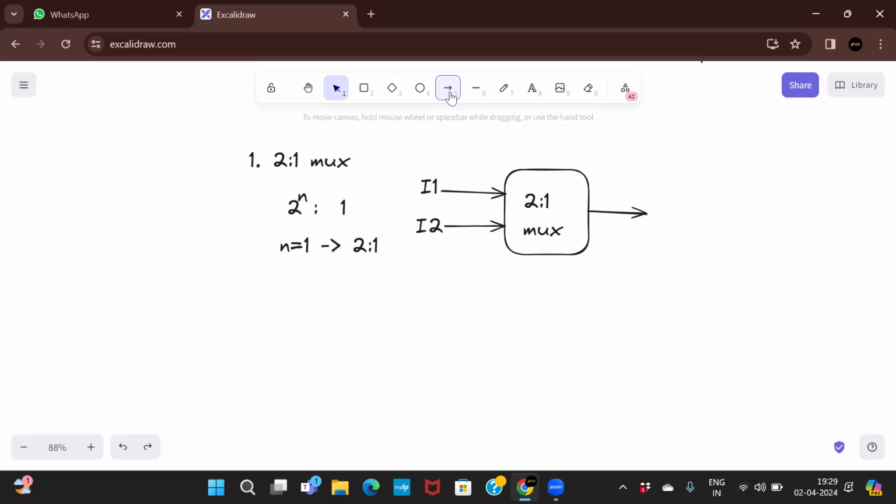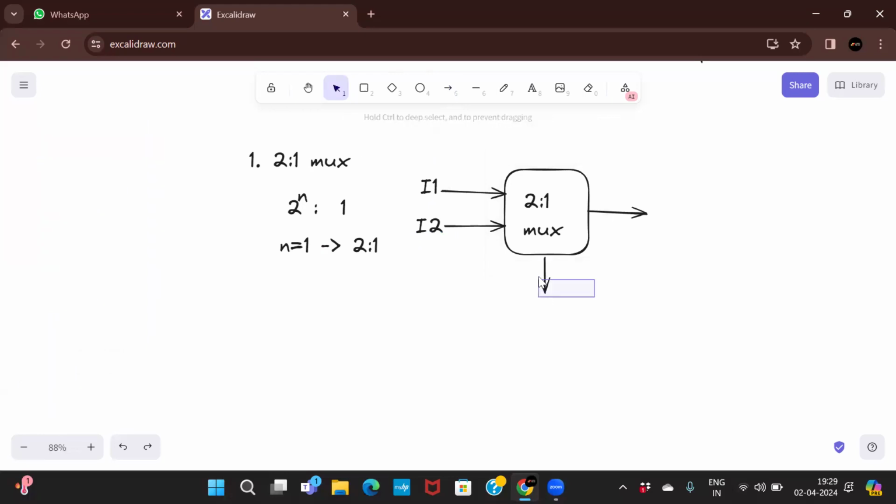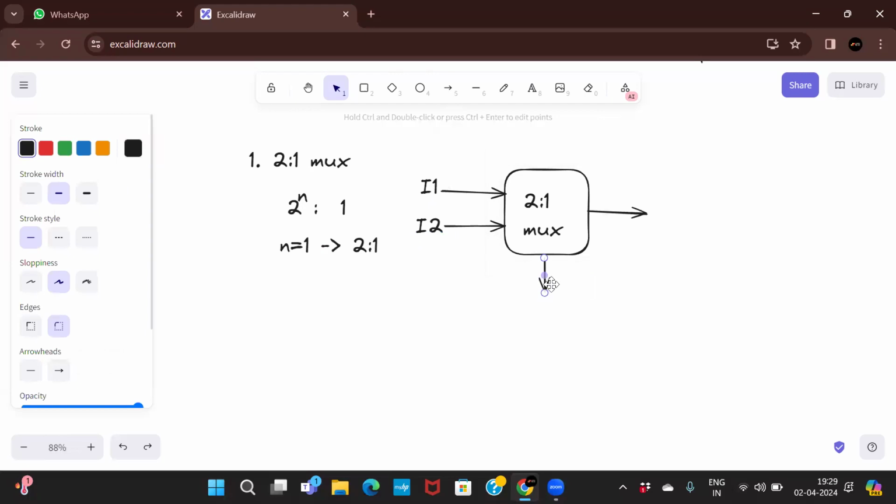And here, how many select lines do we need? Come on, Charan, according to the definition, how many select lines do we need?